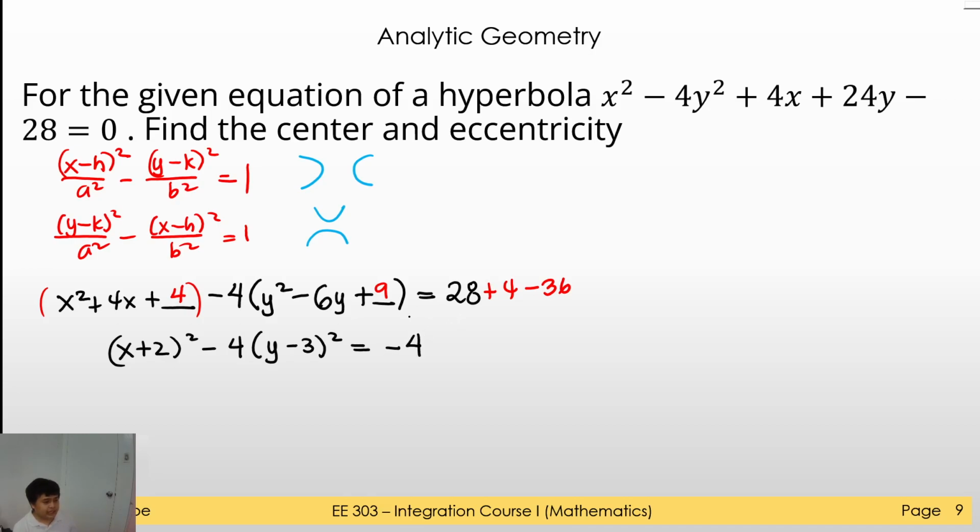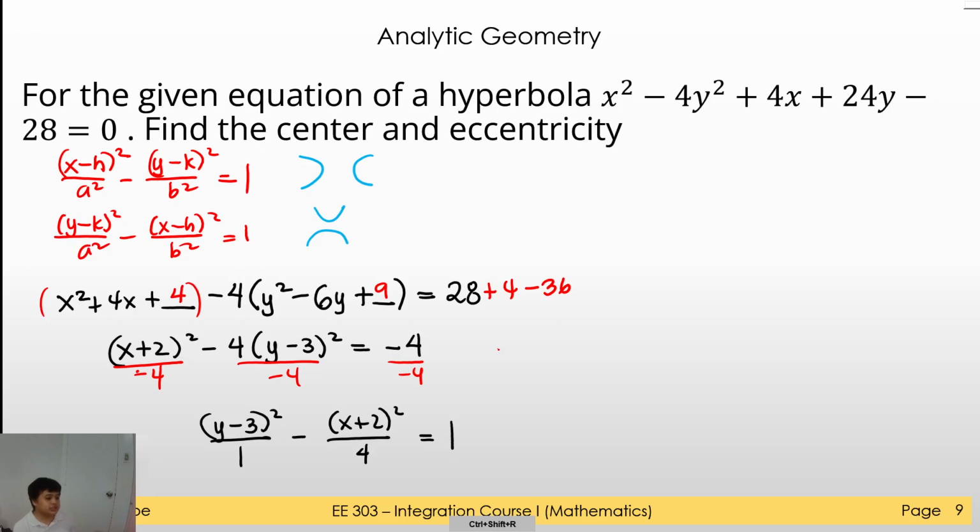Okay? The goal here is to make the right-hand side equal to 1, so we have to divide by negative 4. Therefore, this will become negative and this will become positive. I will just make this the first term. So we have (y minus 3) squared over 1, minus (x plus 2) squared over 4, equals 1.